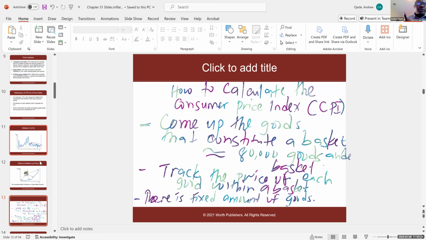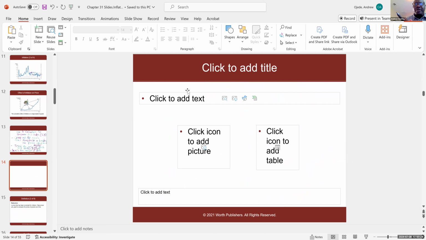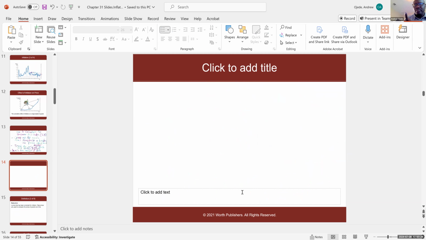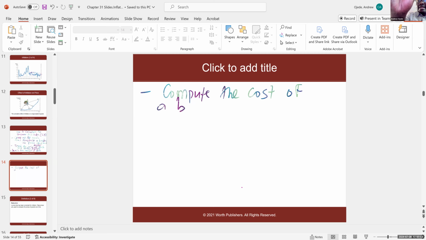Okay, and then what the Bureau is going to do is compute the cost or expenditure on the basket. How much does it cost to buy those 80,000 different goods and services each month?